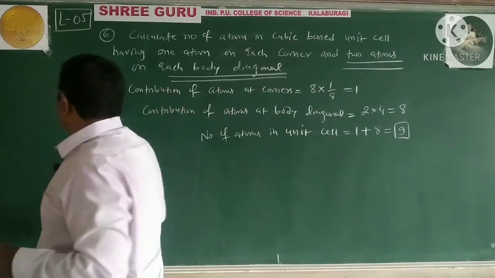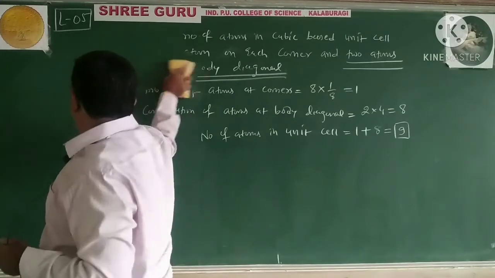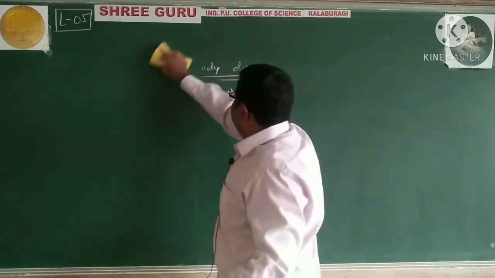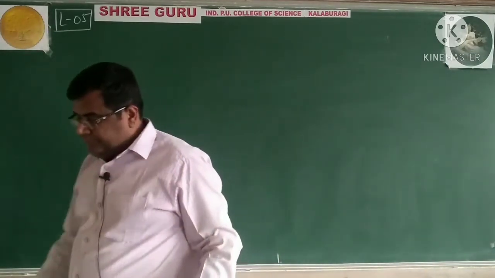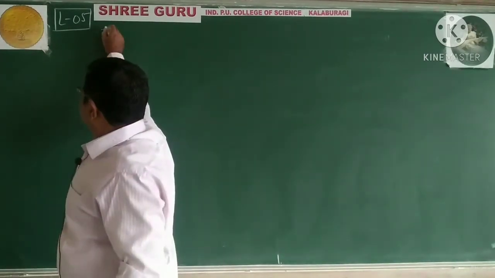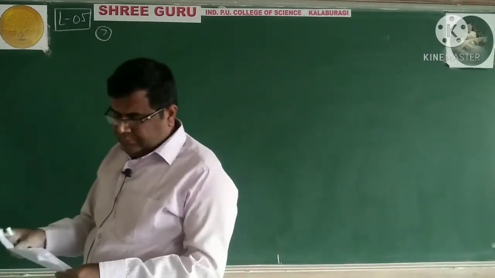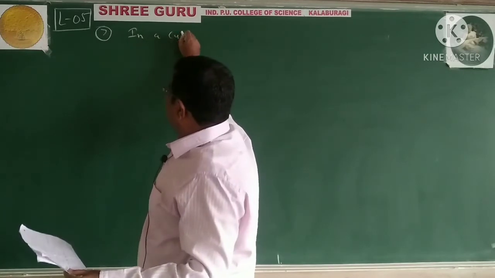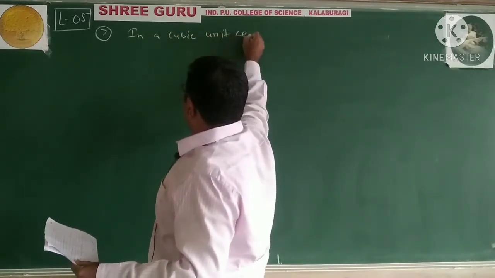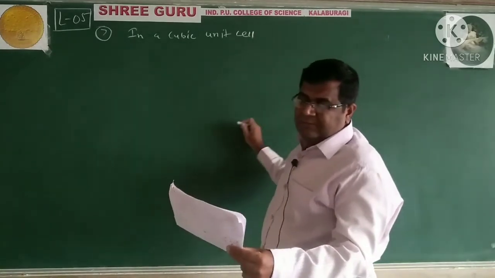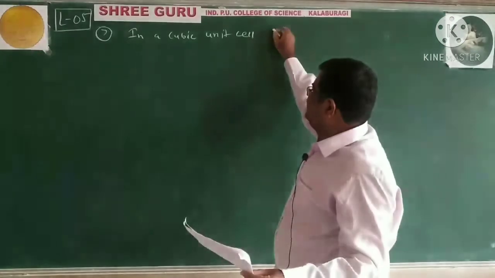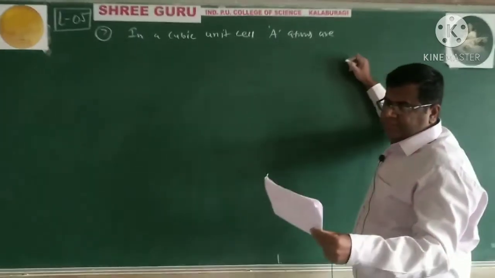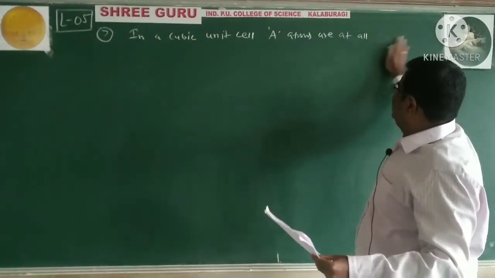Now we can have question number 7. In a cubic unit cell, A atoms are at all corners.